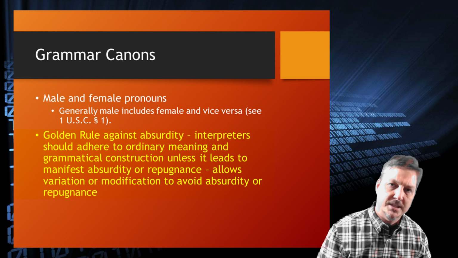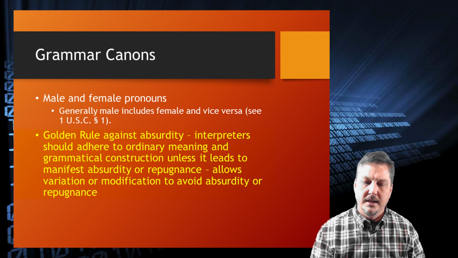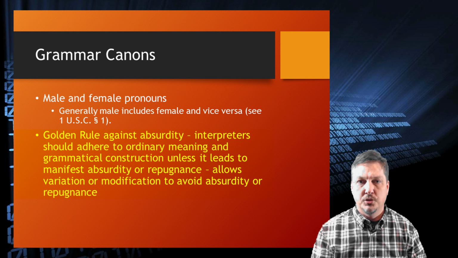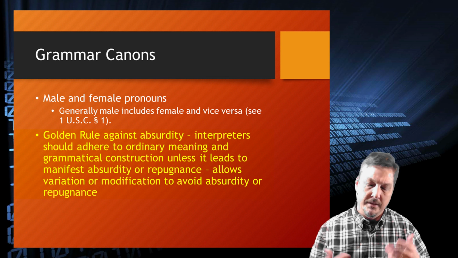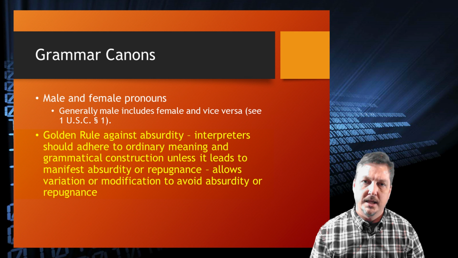The golden rule against absurdity is a rule that says interpreters should adhere to the ordinary meaning and grammatical construction unless that leads to a manifest absurdity or repugnance basically to public policy. And so it would allow for a variation or a modification to avoid that absurdity or repugnance.